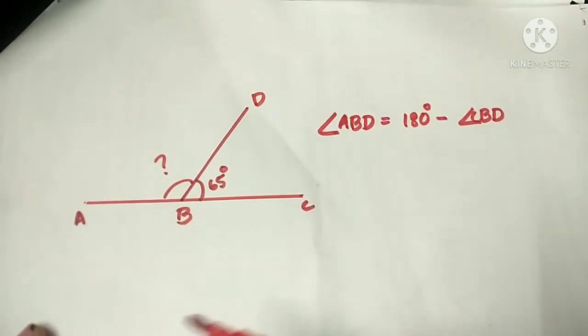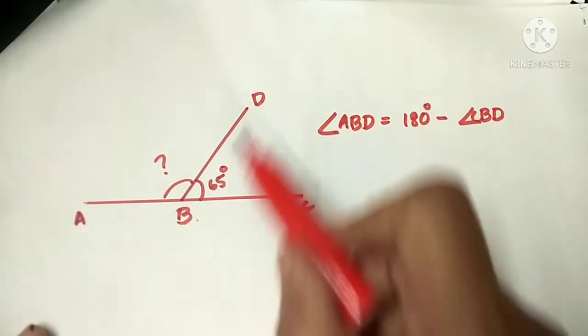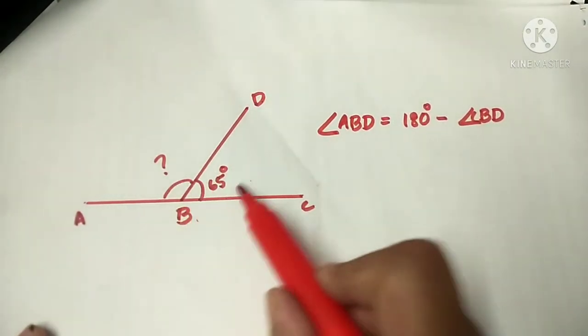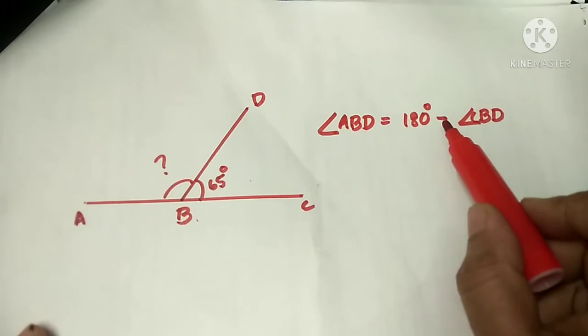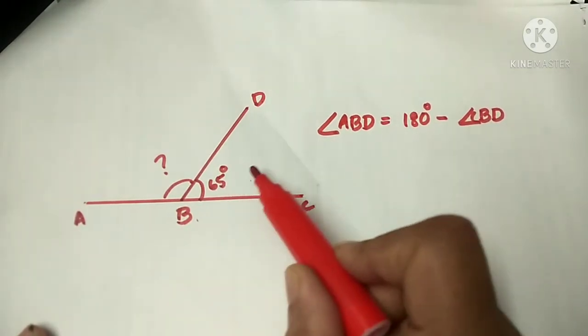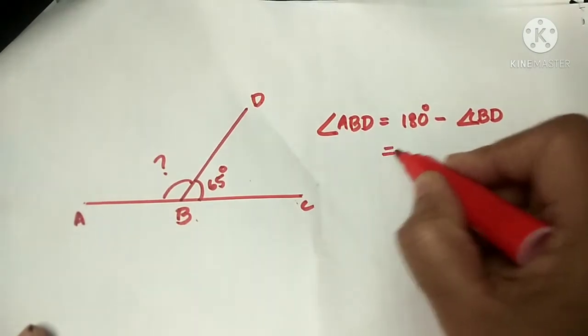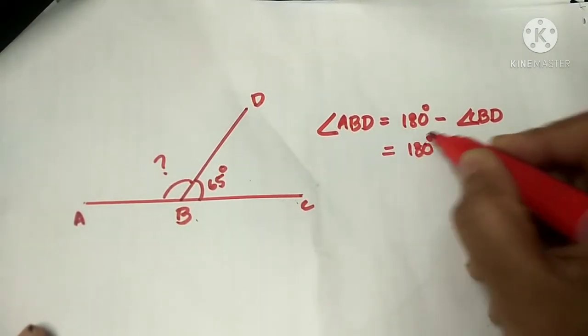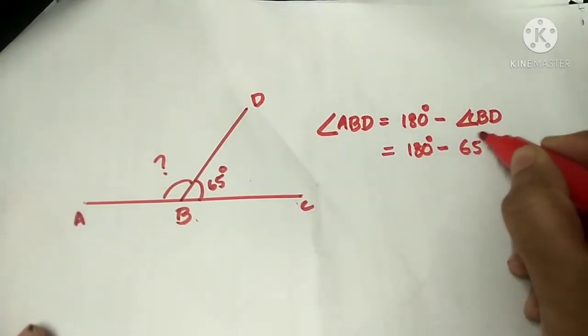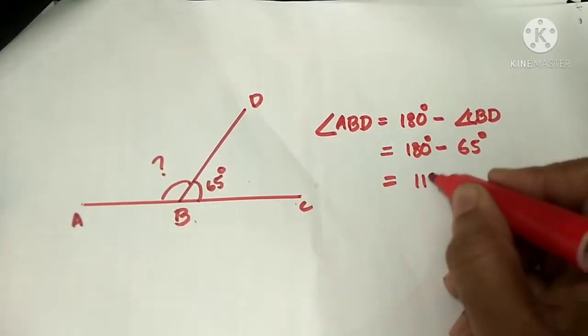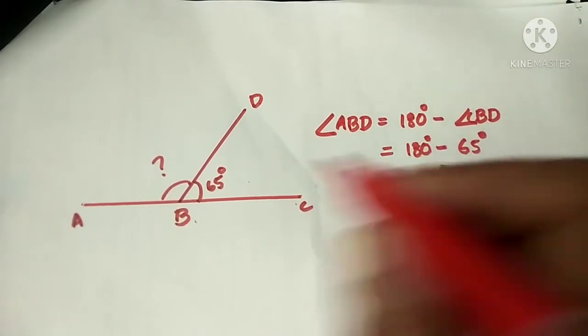So, we can write angle ABD is equal to 180 degree minus this angle CBD, that is 65 degree, that is equal to 180 degree minus 65 degree, that is equal to 115 degree. So, the unknown angle is 115 degree.